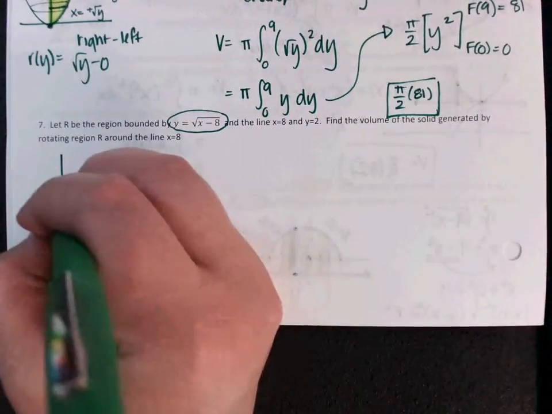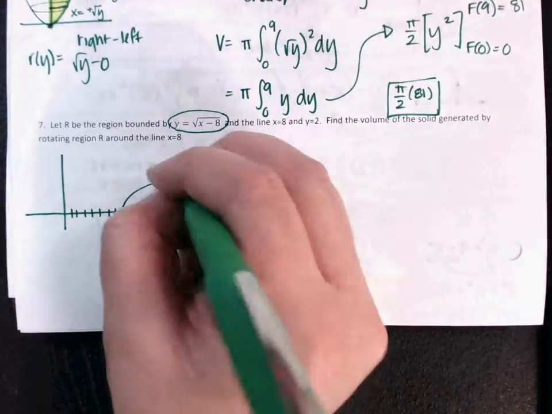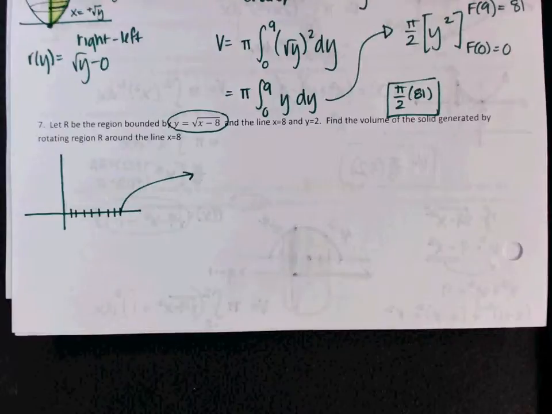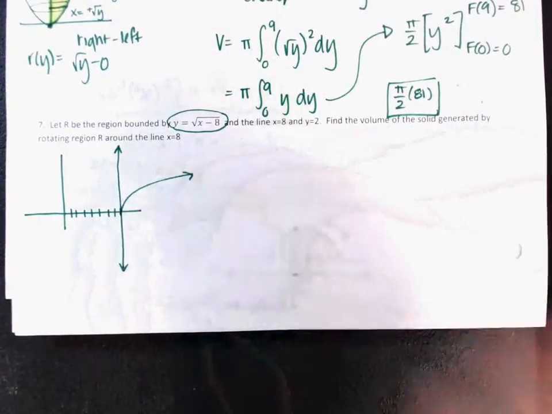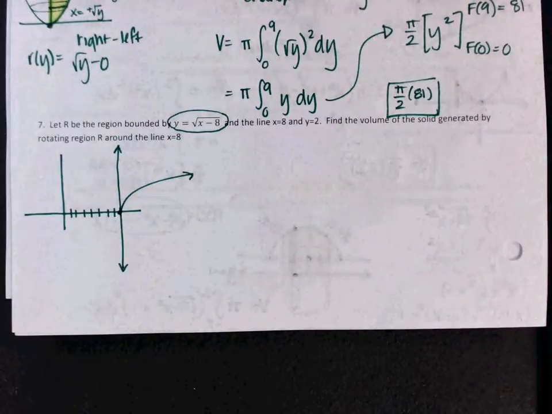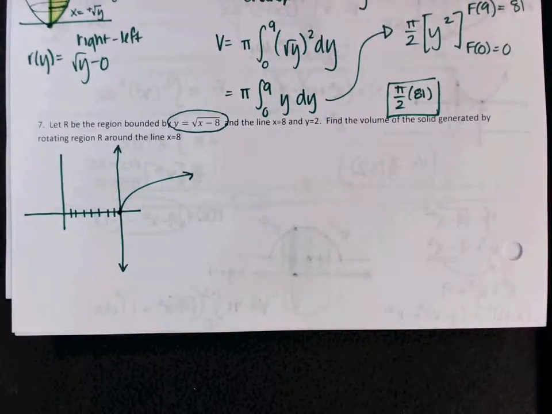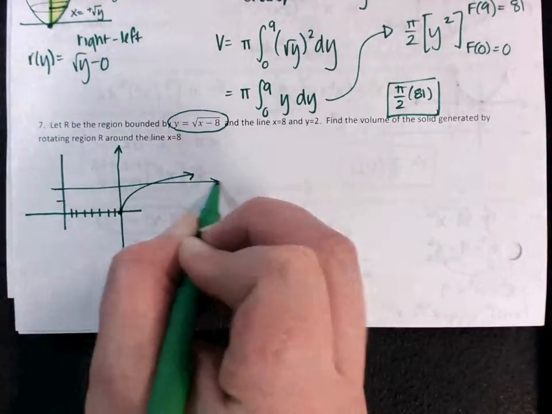To the right, so 1, 2, 3, 4, 5, 6, 7, 8, and then square root. And then it says the line x equals 8. Well, if I moved it over 8, that's ending up right here where I shifted my parabola. So they're already touching right here at 8. And then it says y equals 2. We'll say that's here.